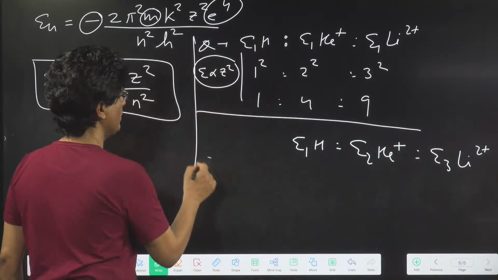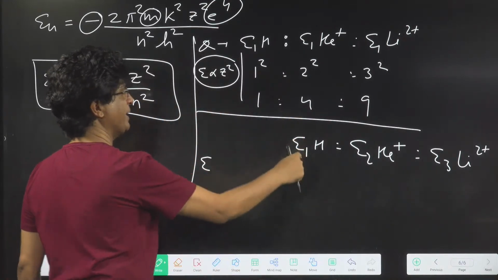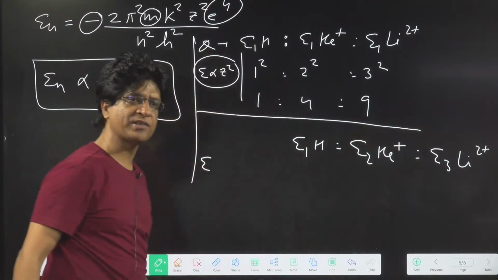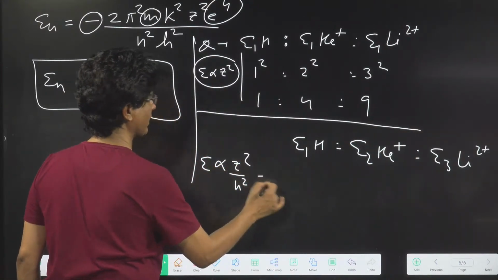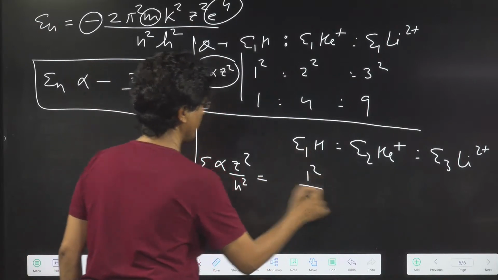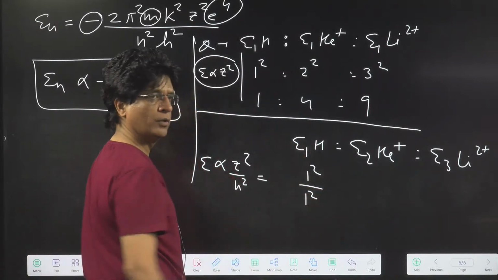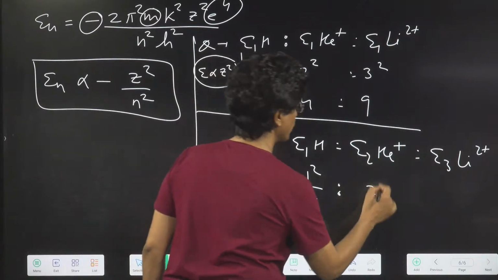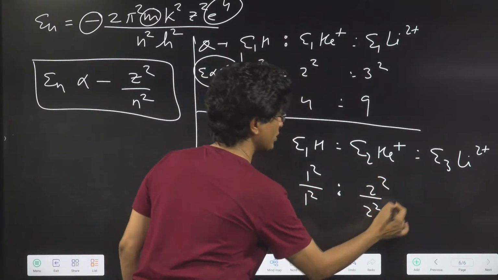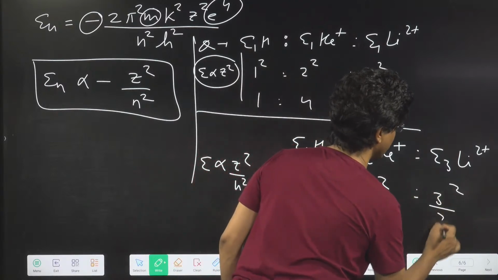Now both are changing, orbit number and Z both. So I believe that E is proportional to Z square upon n square. So Z is 1 square, n is also 1 square. Z is 2, 2 square, n also 2 square. 3 square and 3 square.